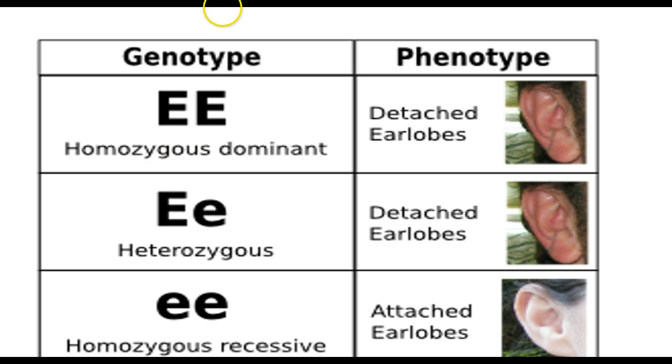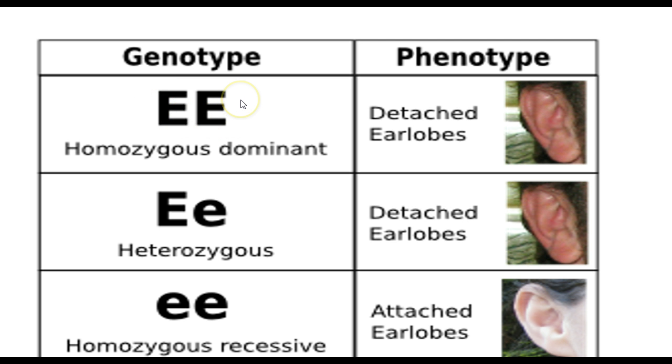This is going to be homozygous dominant. It's homozygous dominant because homo means the same. So that says that each parent gave the same gene. And it just so happens that it's a dominant gene, so we write that using a capital letter.